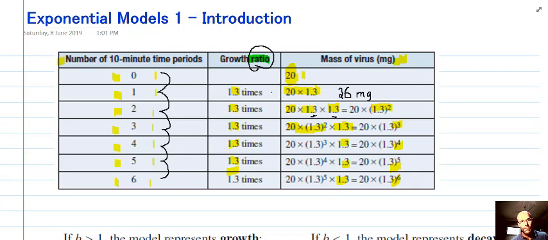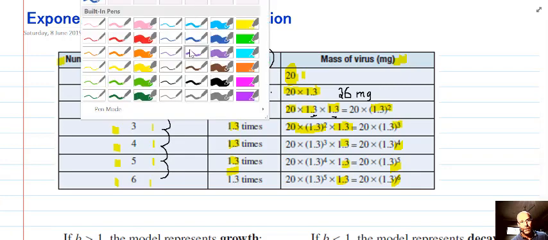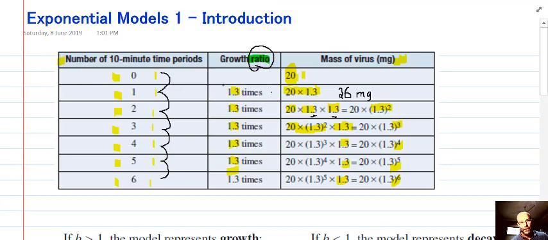Well, what makes something identifiable as an exponential function? Yes, it's that growth ratio, but what we need is something in the form, very basically, the dependent variable equals some initial value, which might be A, times a growth ratio or a decay ratio raised to some power, which is the independent variable. And that's what we've got here.